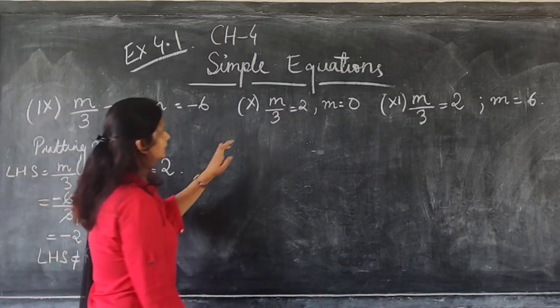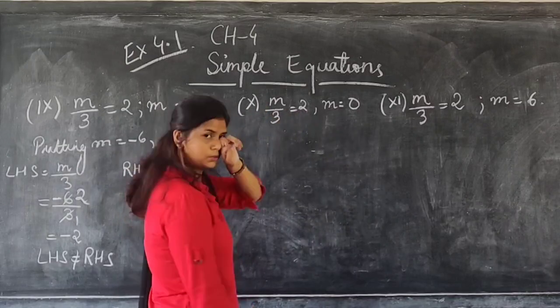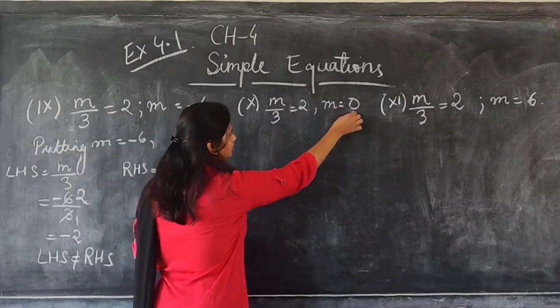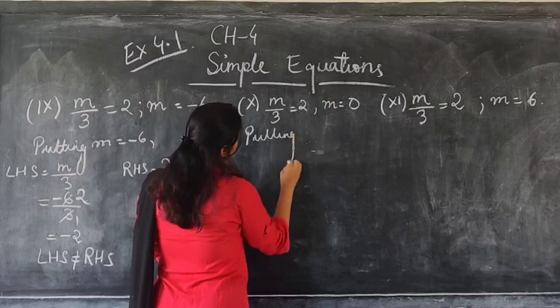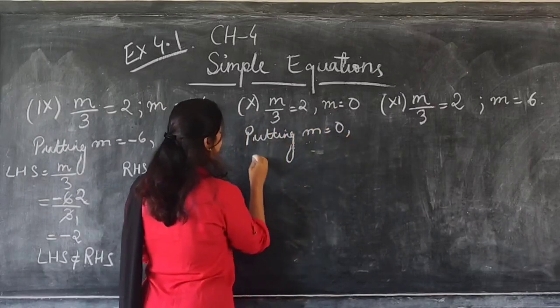Now see question number 10. M divided by 3 equals 2 when M equals 0. So the value of M is 0. Now putting M equals 0, what will you get?